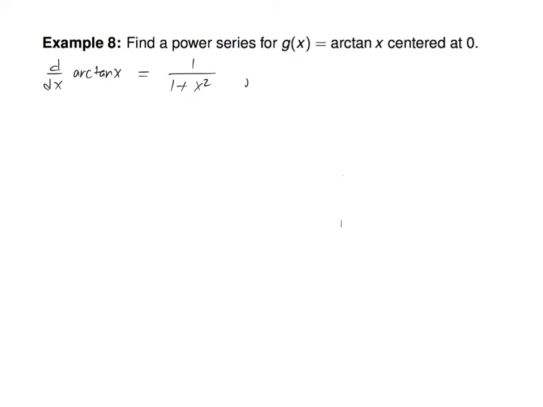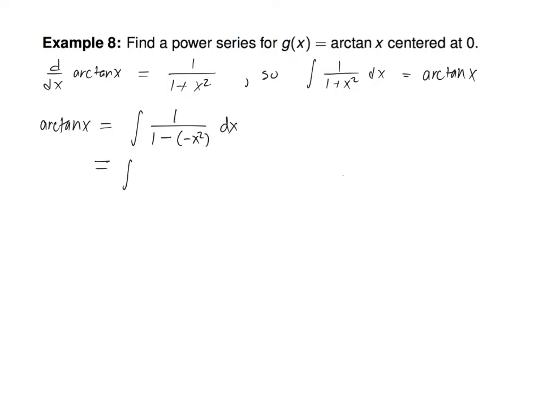Okay, so this is true. So the integral of 1 over 1 plus x squared is going to equal arctan of x. 1 over 1 minus negative x squared.